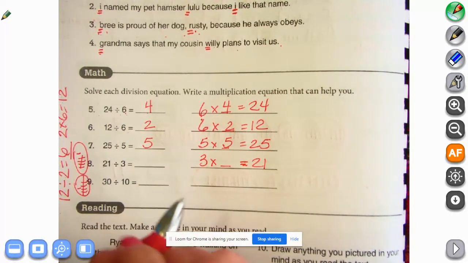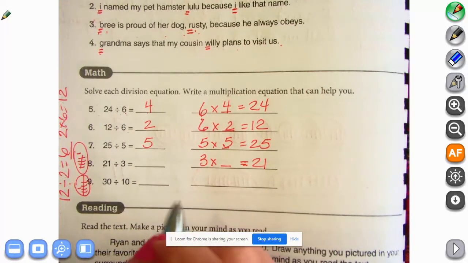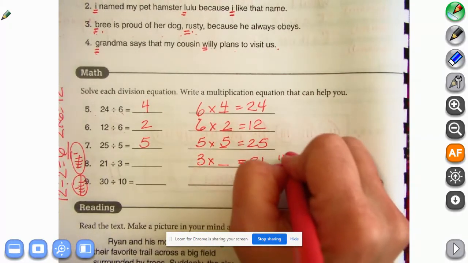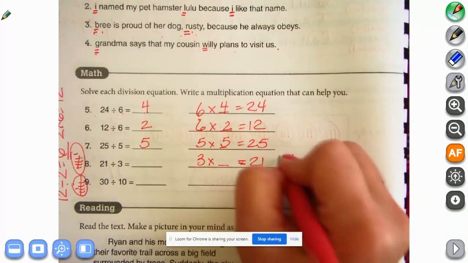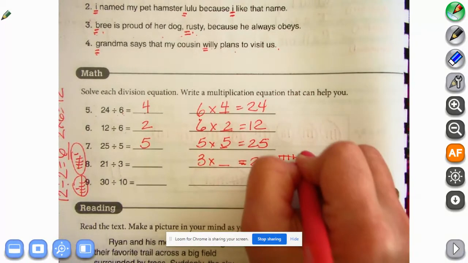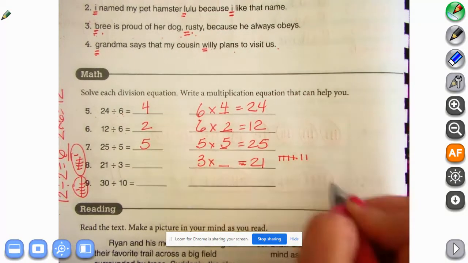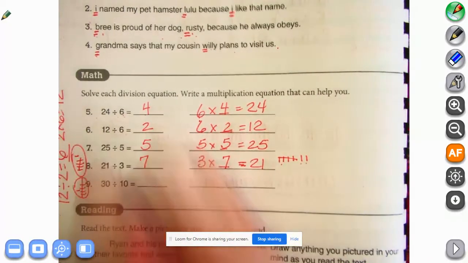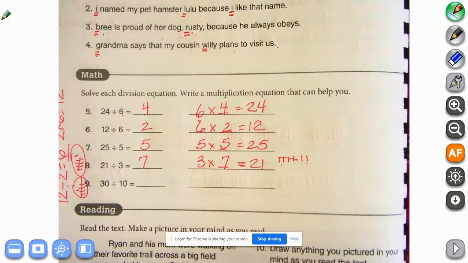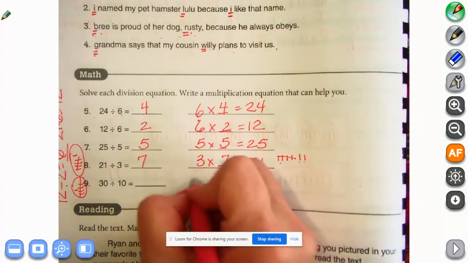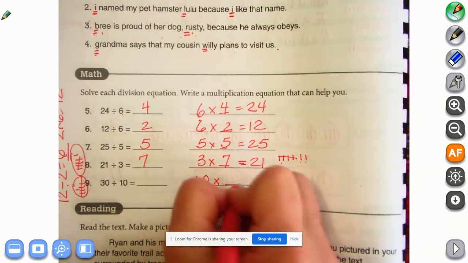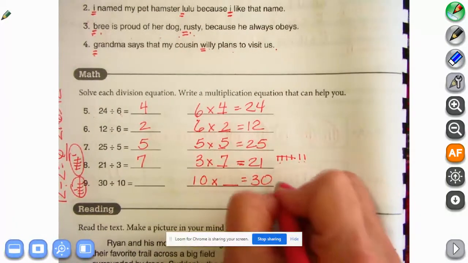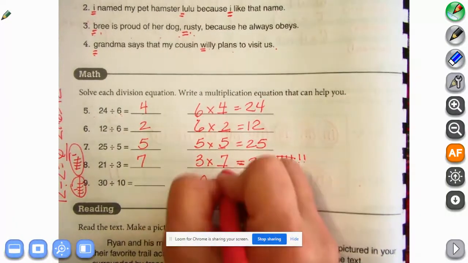Okay, if I skip count by 3 up until 21, how many times did I skip count? 3, 6, 9, 12, 15, 18, 21. That's 5, 6, 7. So this is 7. 30 divided by 10 is the same as 10 times what equals 30. If I skip count by 10s, 10, 20, 30, that's 3 times I did it.